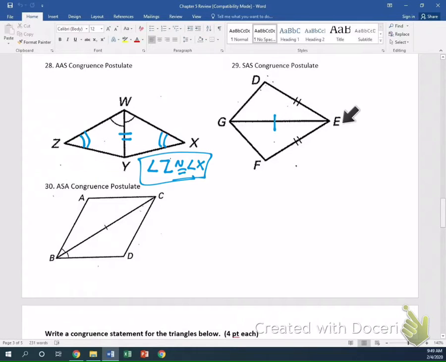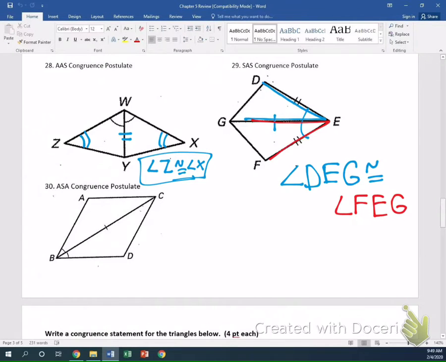We would need this angle, side. Now this is tricky because you can't just say angle E. There's a bunch of angles over there. So we've got to use 3 letters. So D, E, G would have to be congruent to angle FEG. Kind of a tricky one.